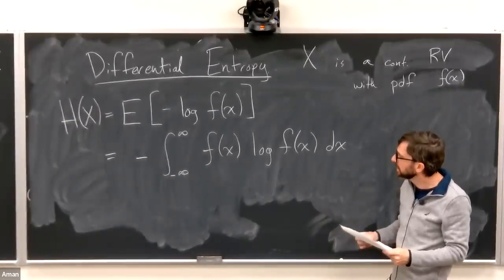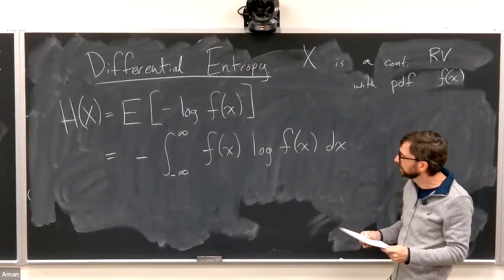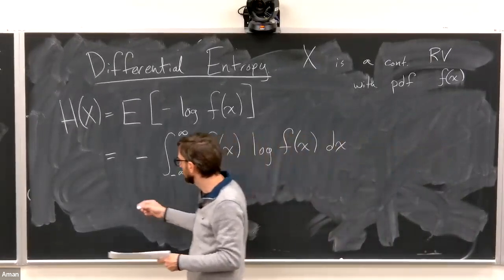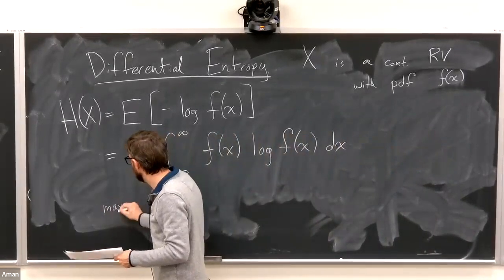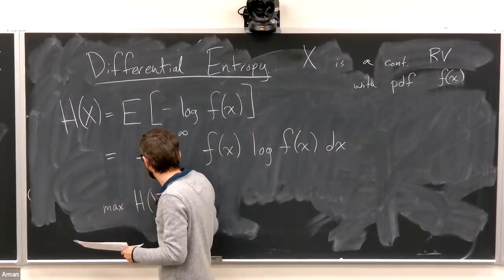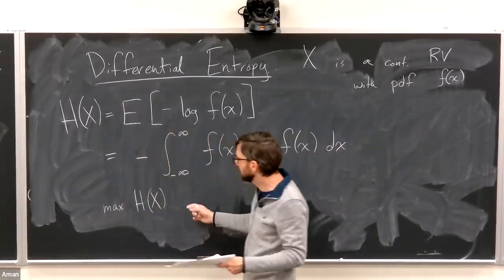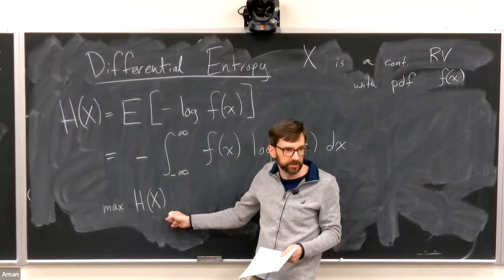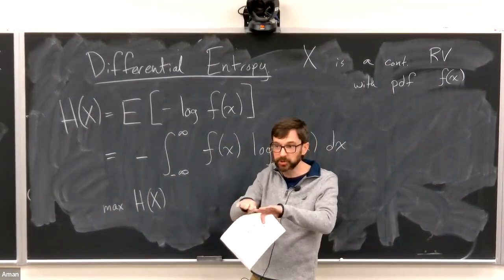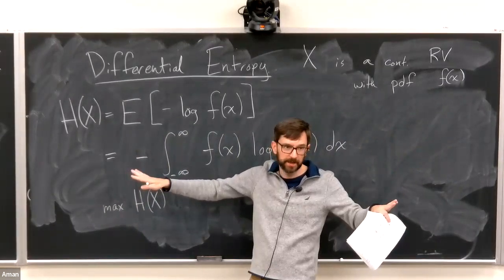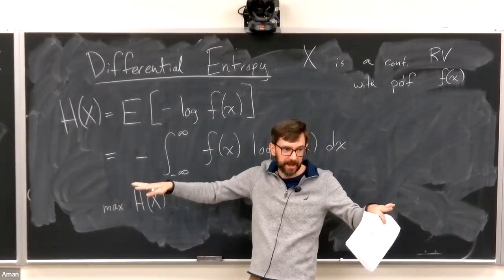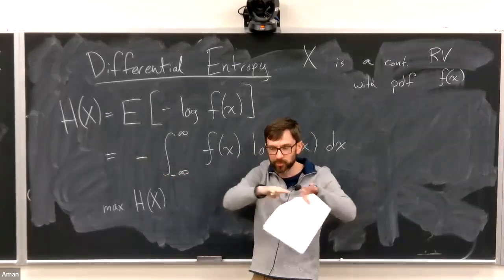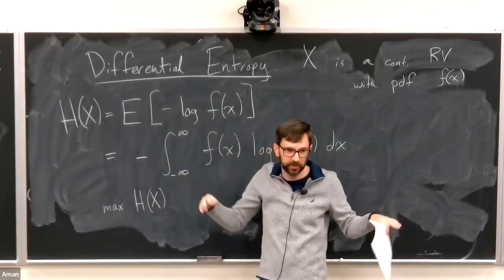Let me give a couple of examples of max entropy. If I want to maximize h of x, I can't just say any random variable on the real line, maximize the entropy. What it would try to do is give me a uniform distribution over the whole real line, which of course you can't have, because there's no height value for f of x being constant that wouldn't integrate to infinity, and it has to integrate to 1.